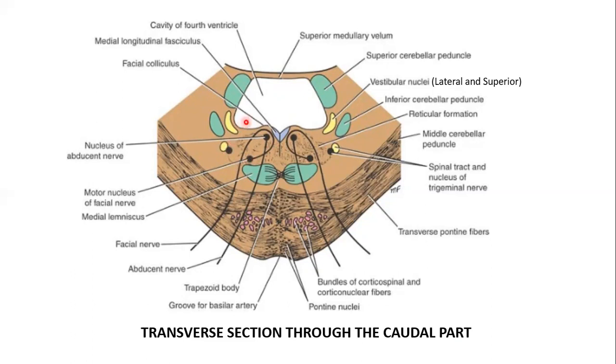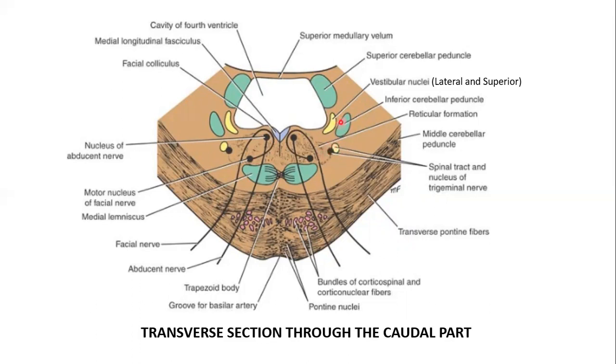So this is how the facial colliculus is produced. Then you see the structures: the abducens nerve, then the facial nerve, and this is the spinal tract of the nucleus of the trigeminal nerve.